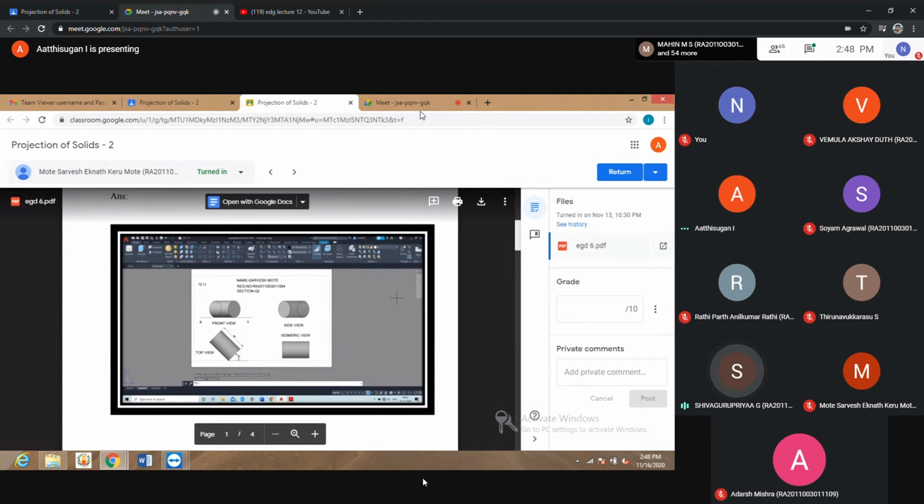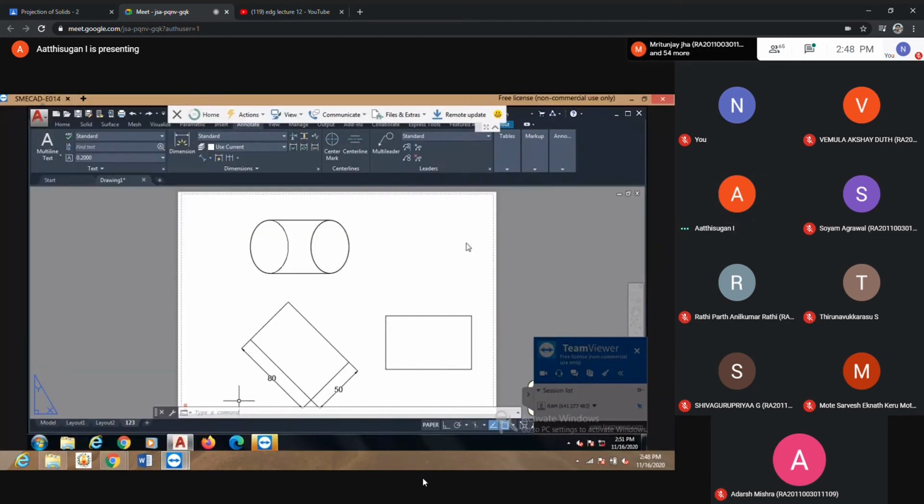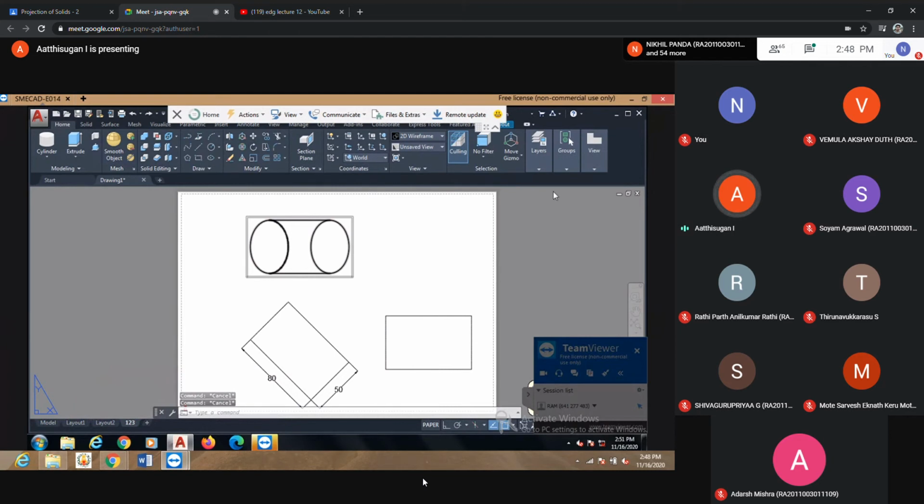Sir, we can type view base in the comment box and then we are getting it, but I don't know where I should change the first angle projection. For that also, the shortcut key will come, see. Type in the command bar.